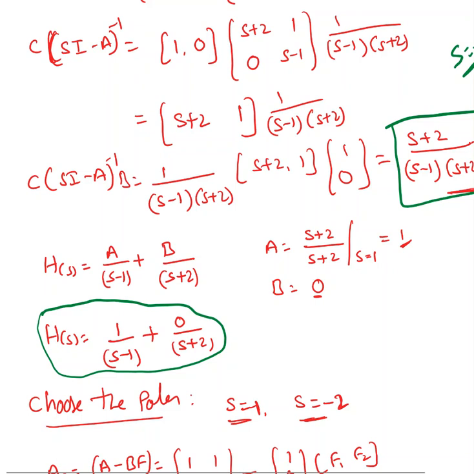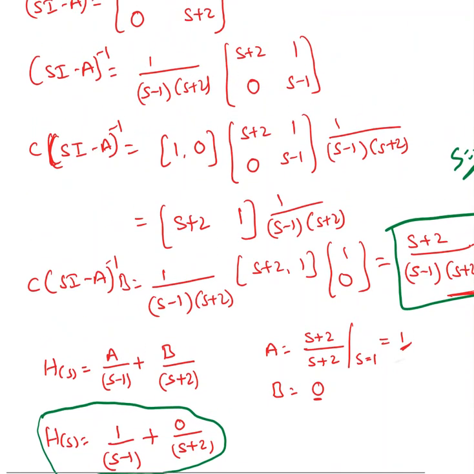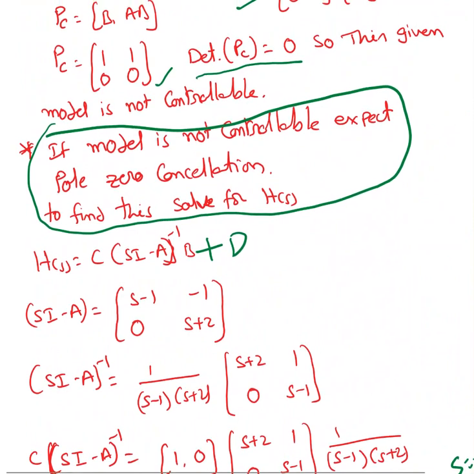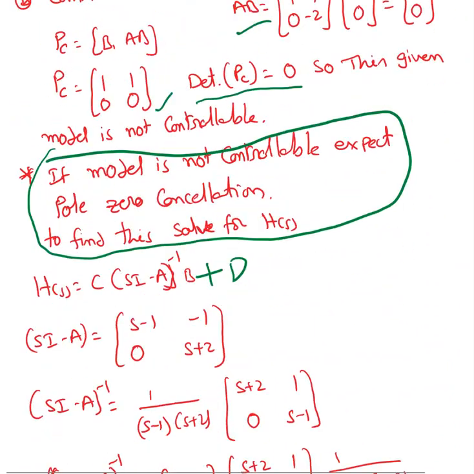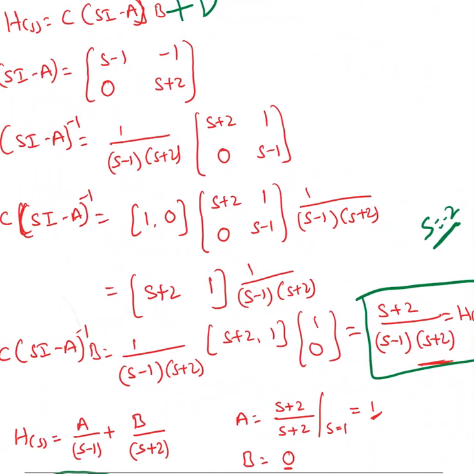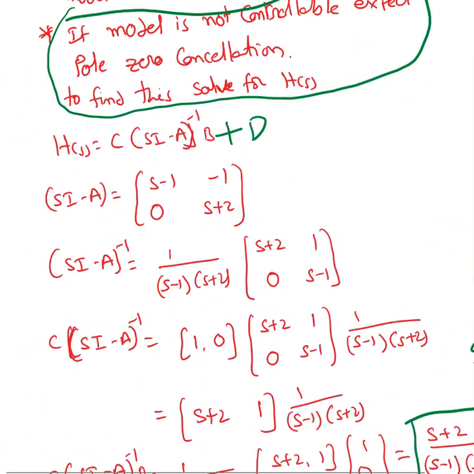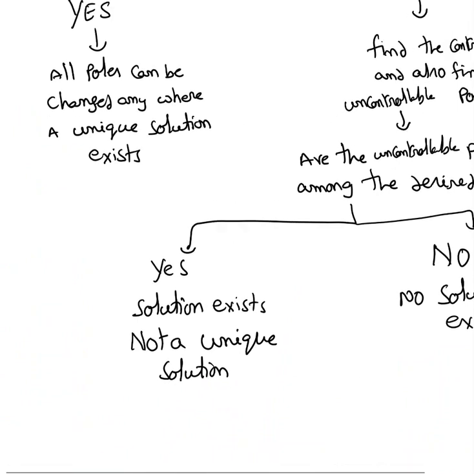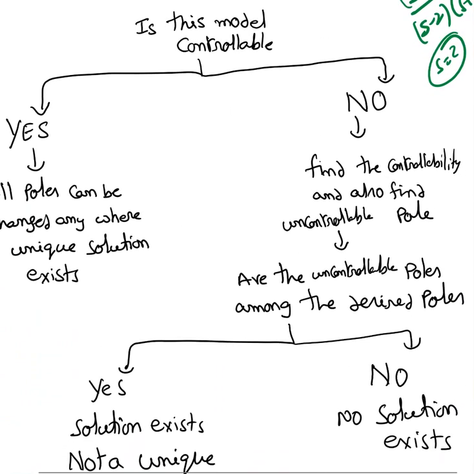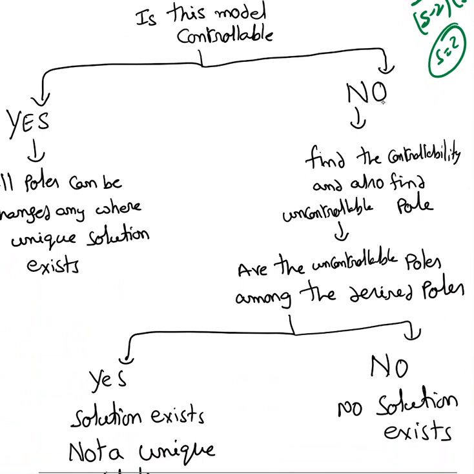Now you saw that this model is not controllable and it's not stable, and I found that the uncontrollable pole is s equal to minus 2. Now look into the given flow chart. Is this model controllable? No, I found that it's not a controllable model.